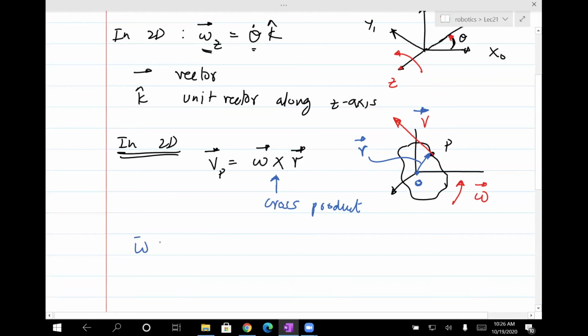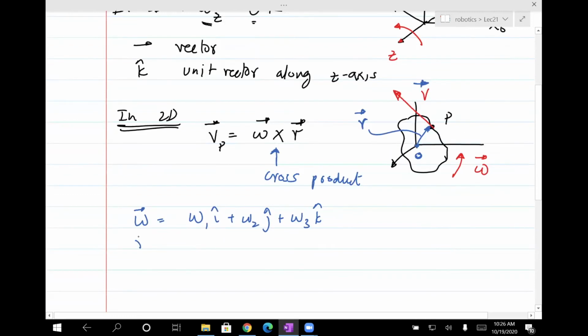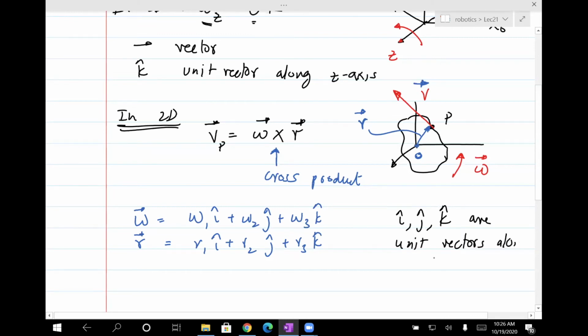Well, if you write omega as omega 1 i plus omega 2 j plus omega 3 k, and then write r as r1 i plus r2 j plus r3 k. Okay, so what's i, j, k? I, j, k are unit vectors along the x, y, z axes.